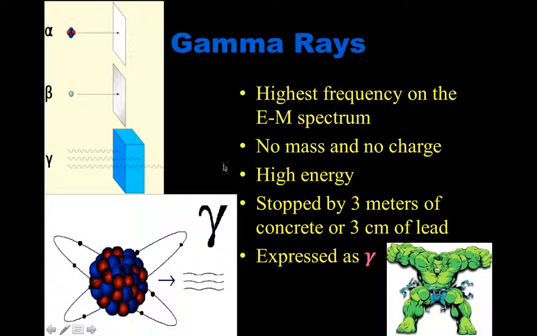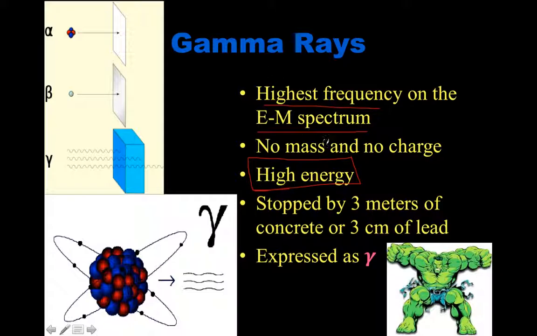Gamma radiation, again, is one that we use for people undergoing cancer treatments. It has the highest frequency found on the electromagnetic spectrum that we talked about. All this high energy is actually going through space. It has no mass, no charge, but it has high energy.